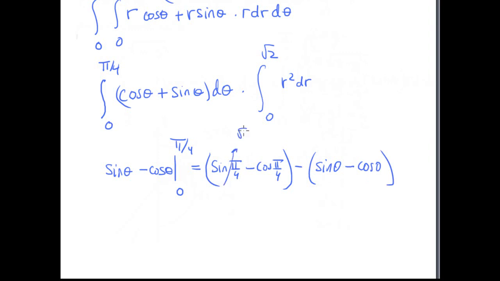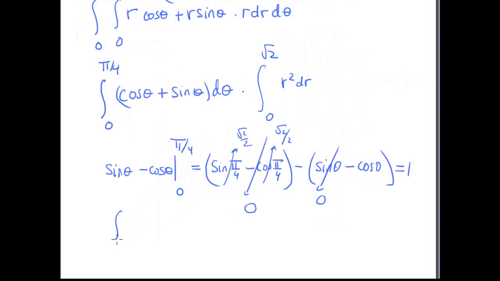This is radical 2 over 2, and this is the same value. Therefore, that part is 0. Sine 0 is 0, cosine 0 is 1, and the double negative becomes positive. The answer for the first integral is just 1.